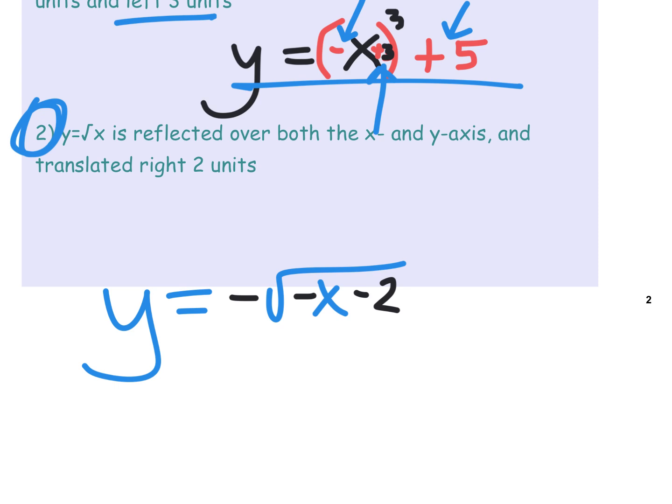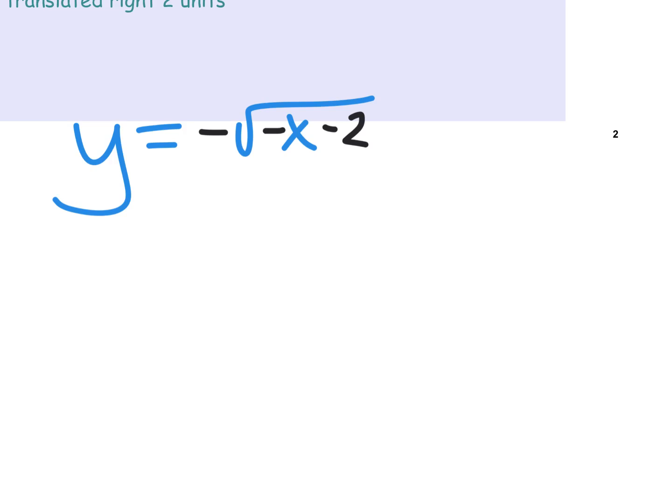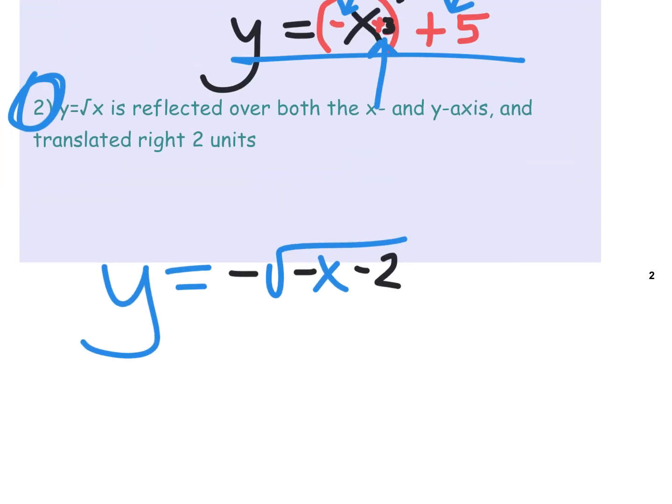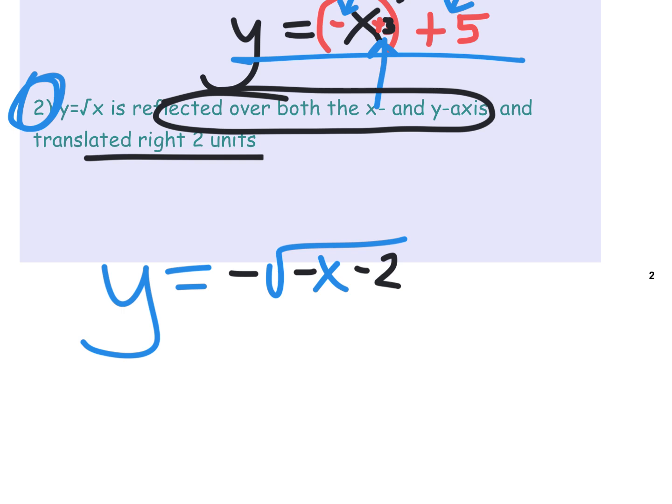Okay, now tell me, the way I wrote it, what order would that have been in? You know, the 3 things: vertical and horizontal reflect, and right 2. What order would it have been in? Where do you start? Inside or outside? Inside.